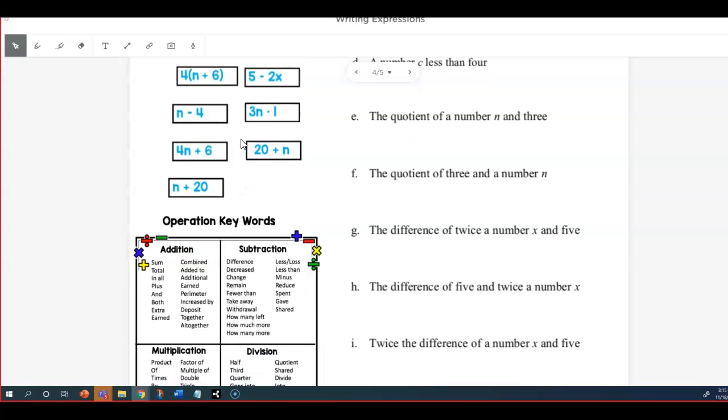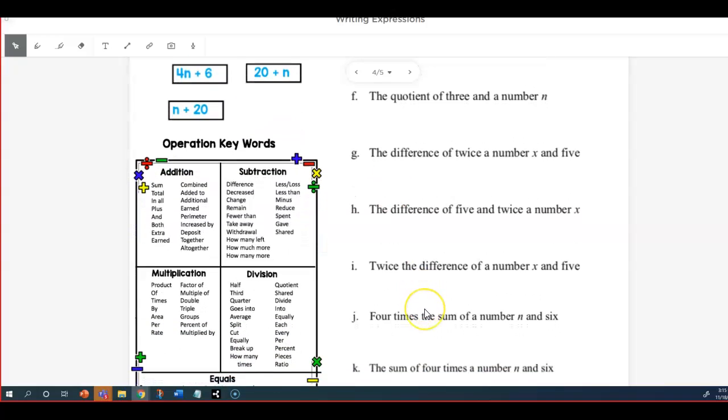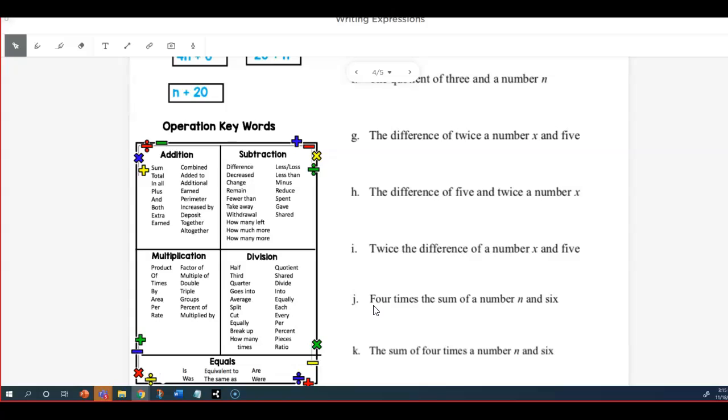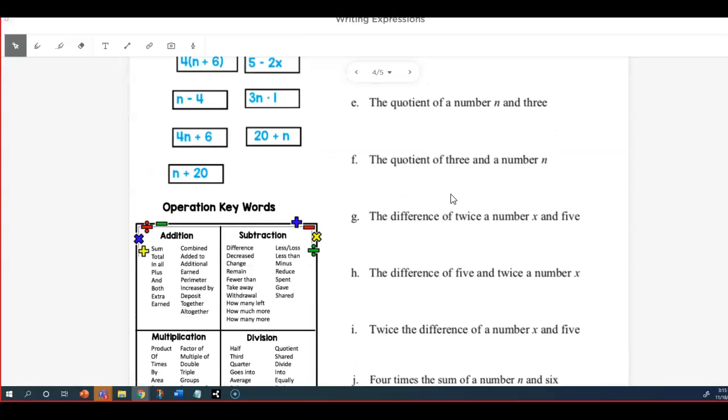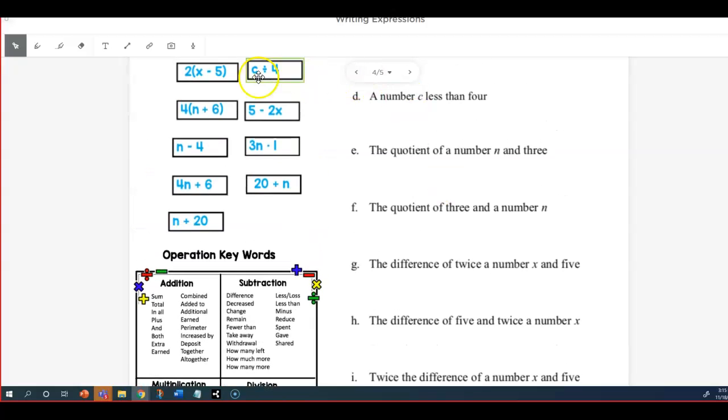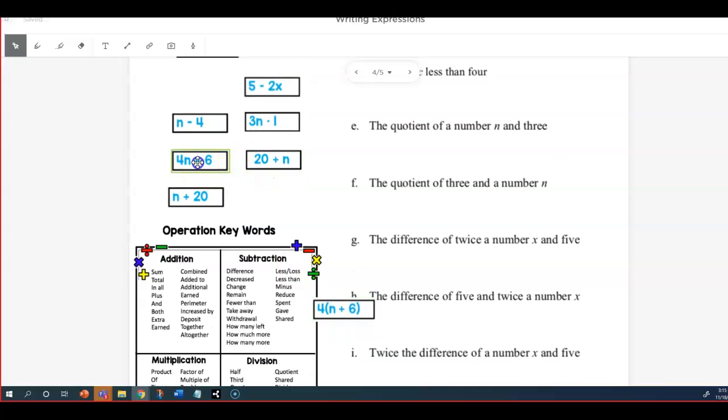But let's do one of the difficult ones here. Letter J. 4 times the sum of a number n and 6. So I'm going to look for 4 times whatever is added between n and 6. This one sounds like, instead of the regular 4n plus 6, it's grouped. So I'm going to bring this down, and this one too, and compare them.